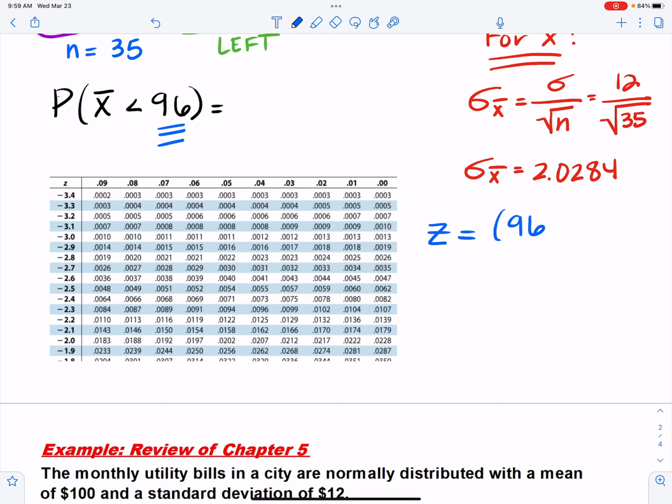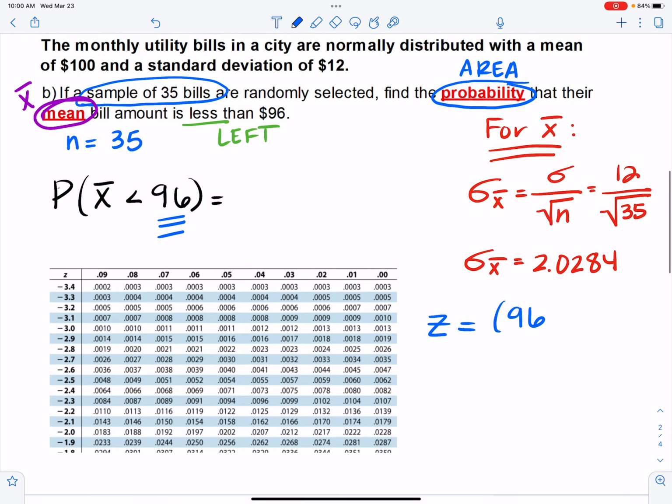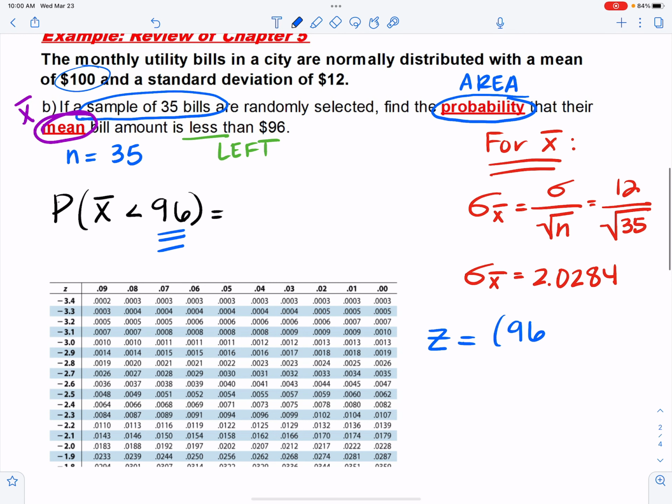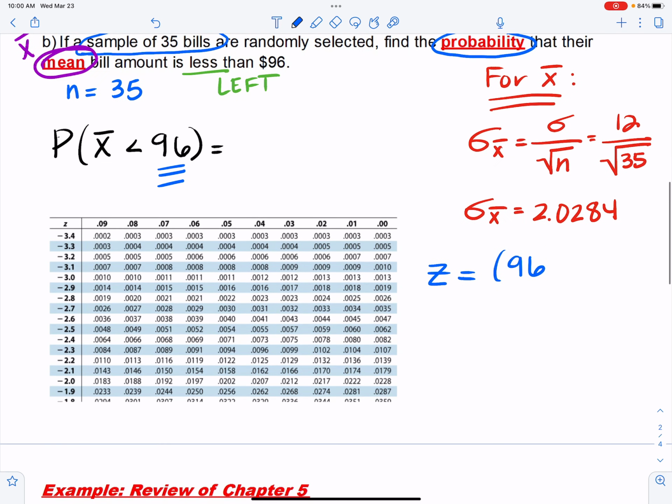Our process for calculating Z, we always subtract the mean, and that does not change. So I'm still subtracting that mean of 100. But because we're dealing with a sample mean, we're not using 12 for the standard deviation. We're using the standard deviation of X bar, which we just calculated at 2.0284.